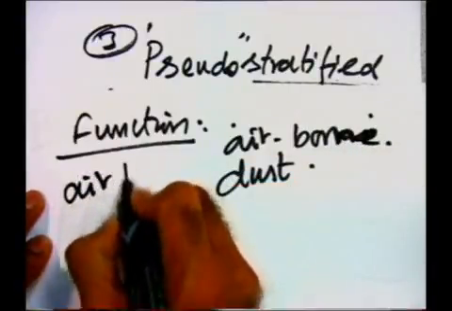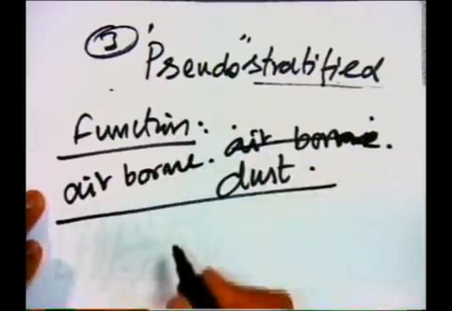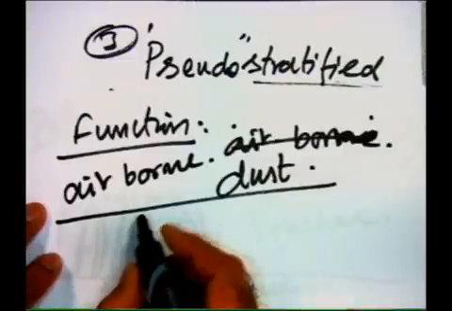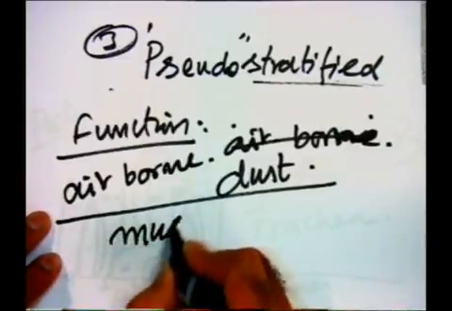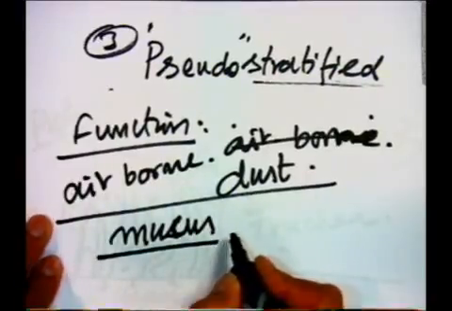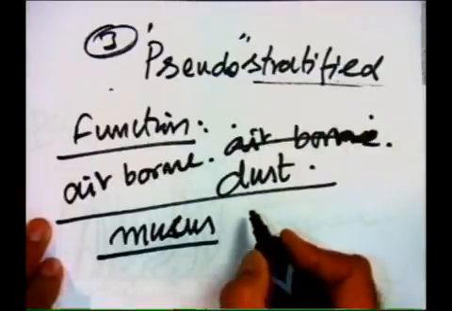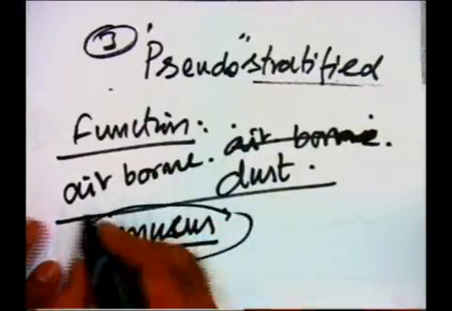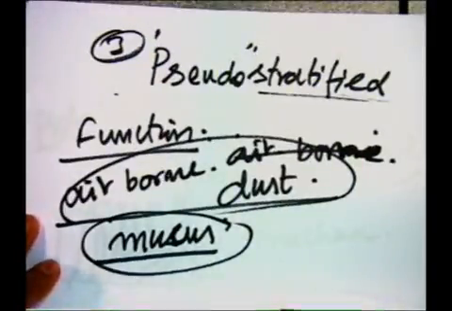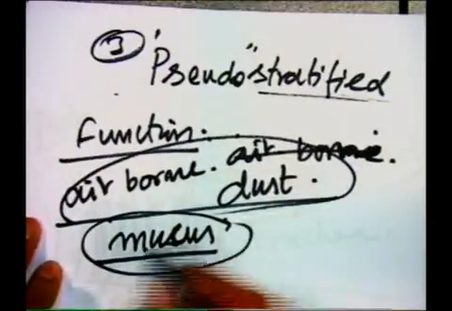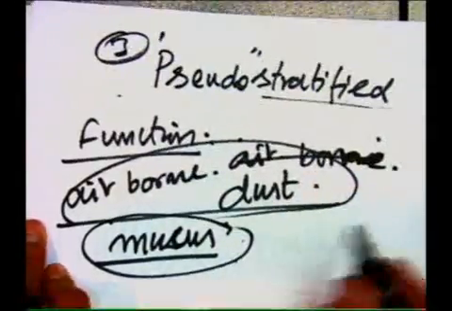I write it here: A-I-R-B-O-R-N-E, airborne dust. It also secretes mucus, M-U-C-U-S, which helps move it to the mouth by ciliary action. That's why if you have nasal secretion and a strong infection, the nasal secretion gets into your throat. It's pushed back by the ciliary action, using the mucus and the airborne dust, everything coming to the mouth, and then you have to spit it out.